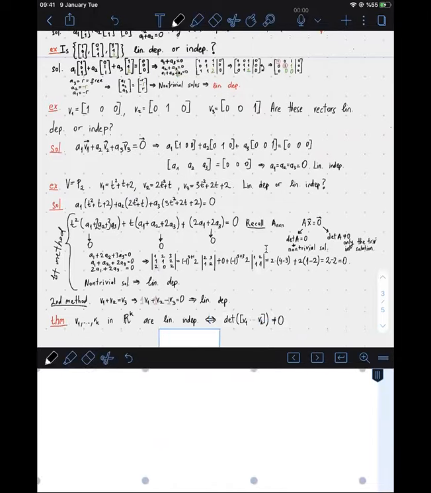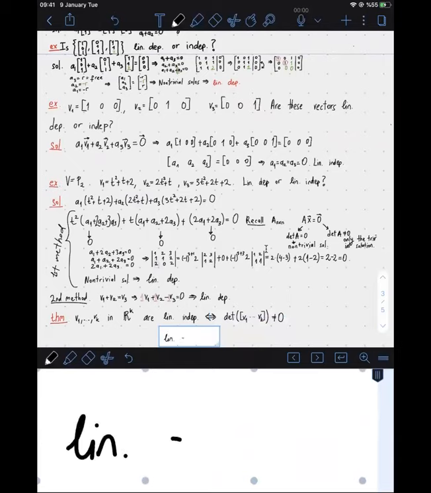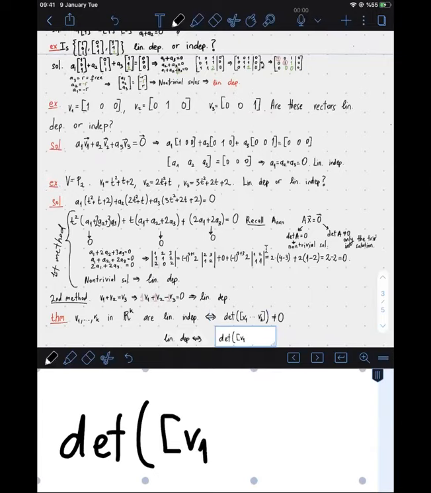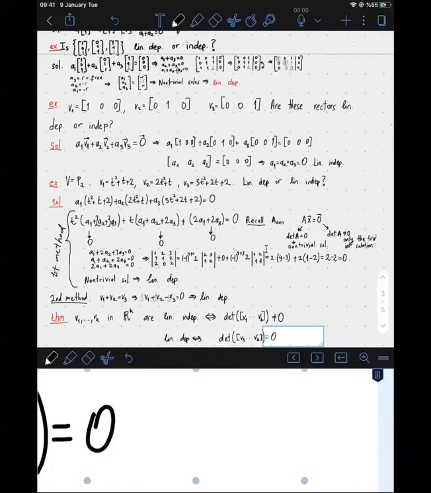And they are linearly dependent if the determinant of the matrix which has these vectors as columns or rows is 0.